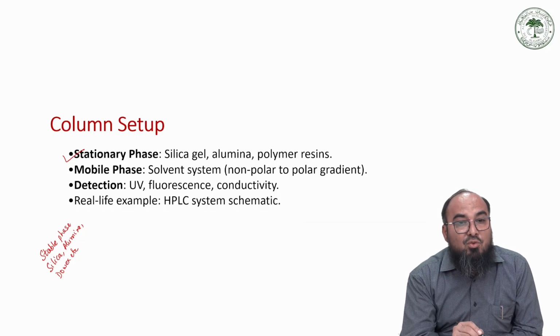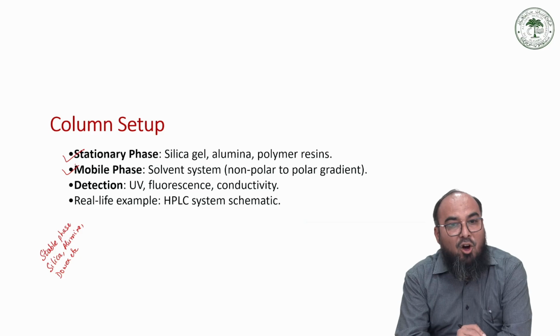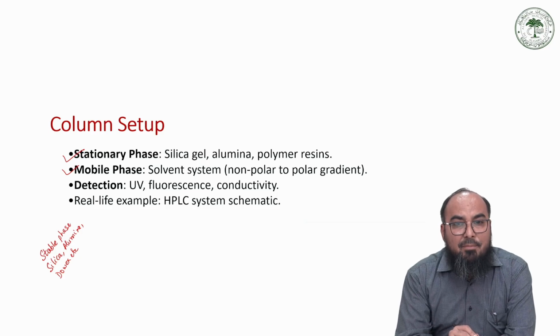Similarly, we have to choose the mobile phase. Now, the mobile phase is very important in the sense that again we have to choose it with respect to the compound which is to be separated.